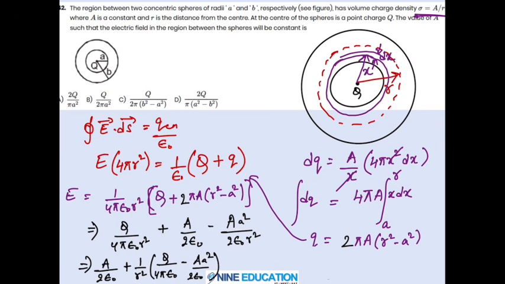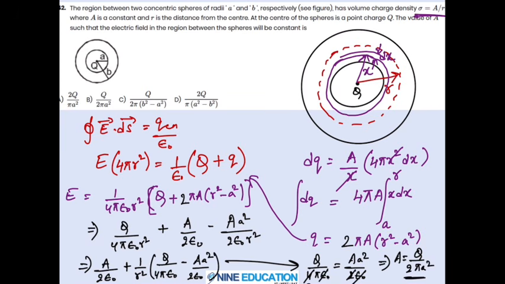If that term is equal to 0, then you will get q by 4 pi epsilon naught is equal to a square by 2 epsilon naught. Epsilon naught cancels. So you will get a is equal to q by 2 pi a square.